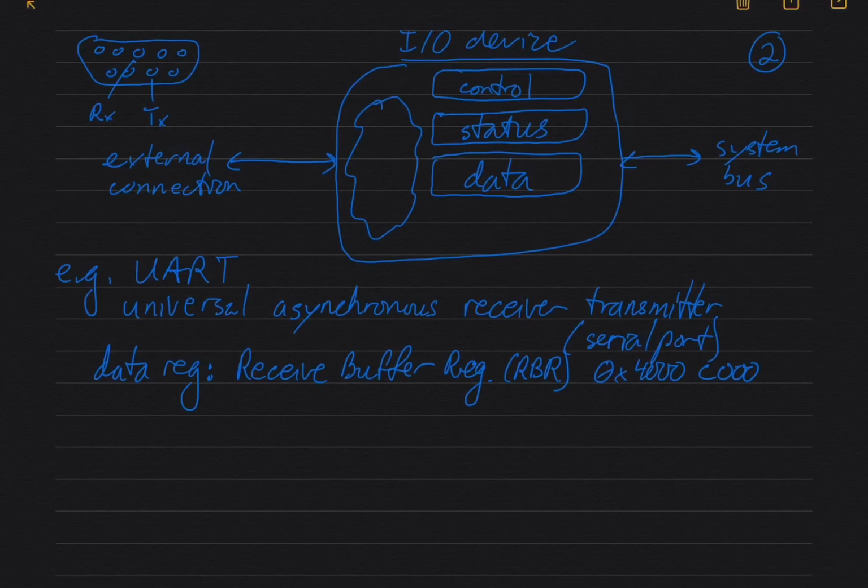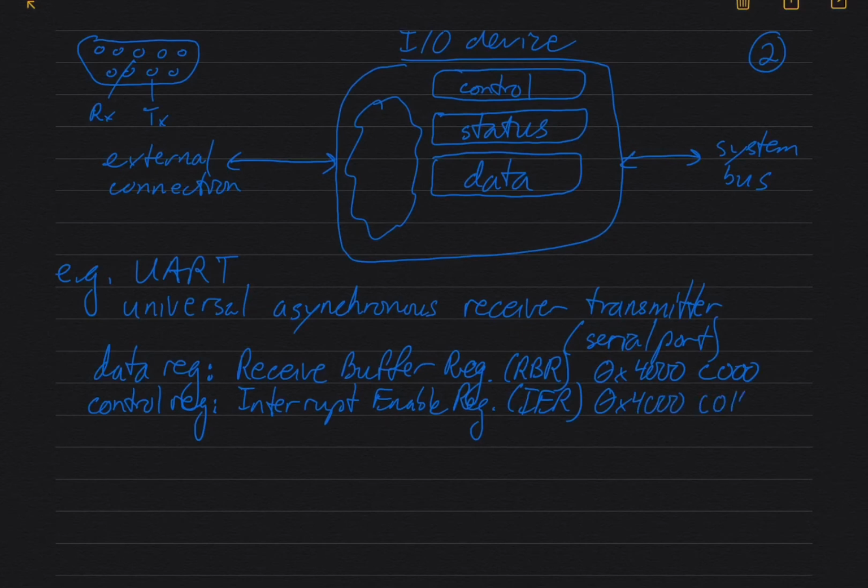An example of a control register on this particular I/O device is the interrupt enable register, or the IER, and that is at address 4000C014.